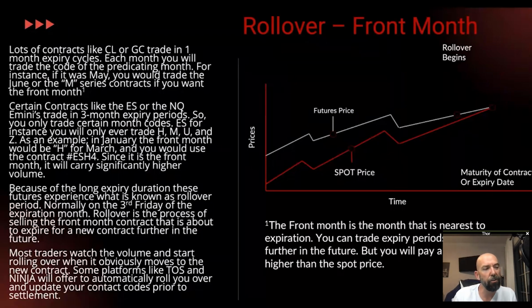We're basically trading the closest contract that's going to expire, because that has the most volume and the least amount of decay. You could technically, the new contracts are already available all the way through December. So you could go ahead and buy December's futures contract now, but you're going to pay one heck of a premium.